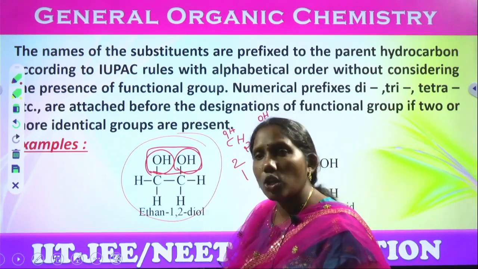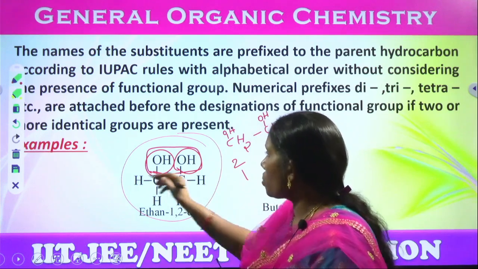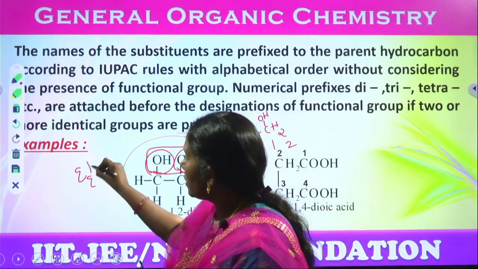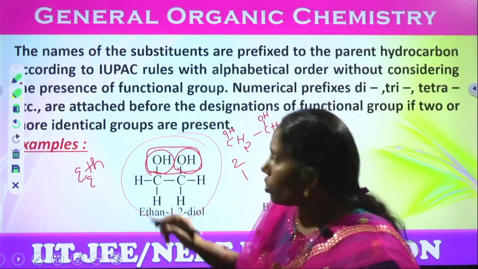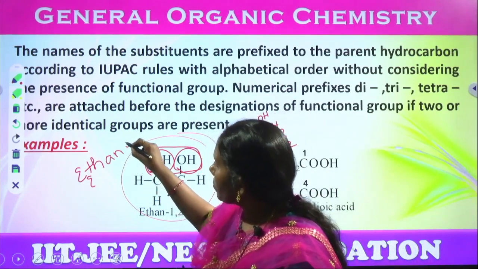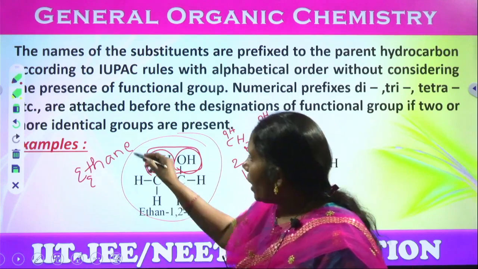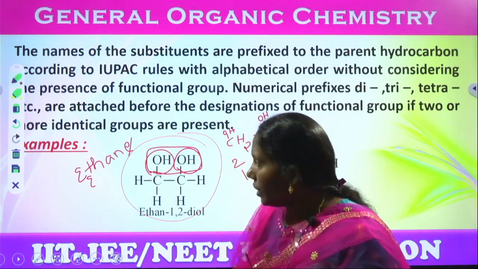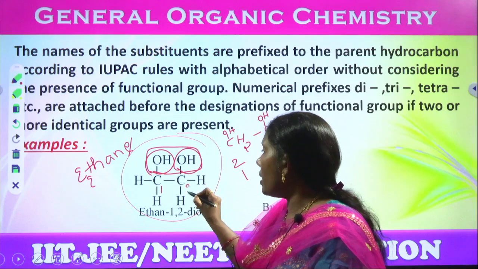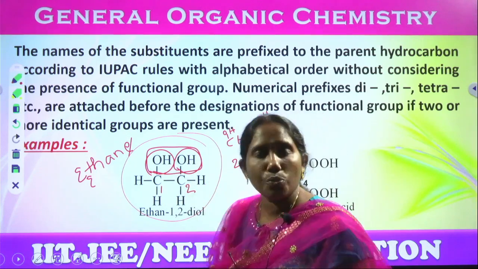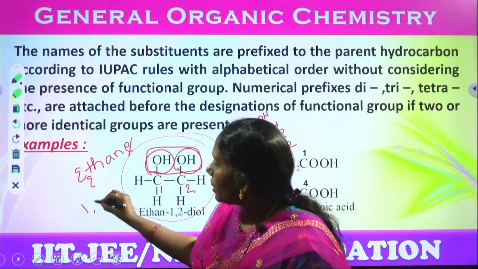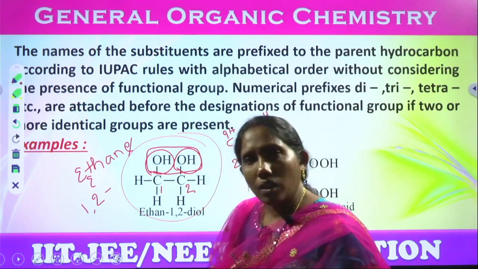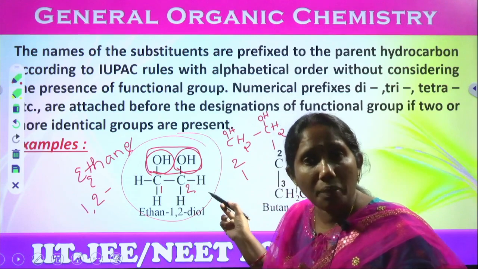First see here how many carbons are there in the given compound? 2. So we will write it as eth. Eth, single bond between the two carbons, so ane. We have to drop this E, and on first carbon and second carbon 2 OH groups are there. So write the numbering as ethane 1, 2. 2 times the hydroxy group is repeated, right?